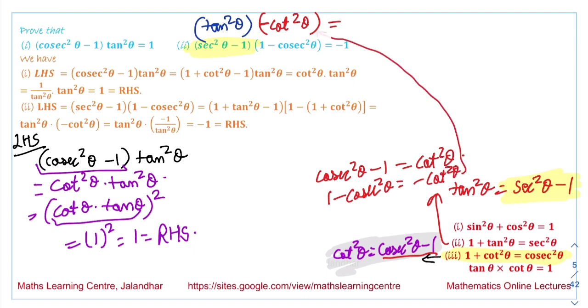We have substituted this value over here. Minus sign will come out, and we are left with tan theta into cot theta square. So the answer we get is minus 1. So we are saying this is equal to the RHS.